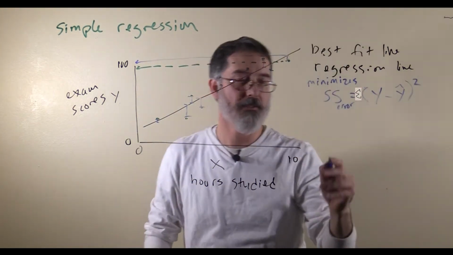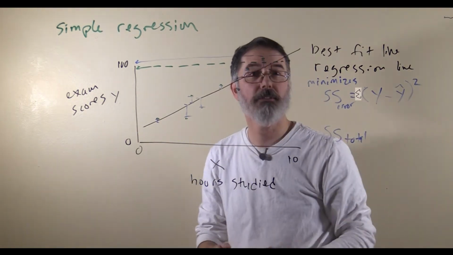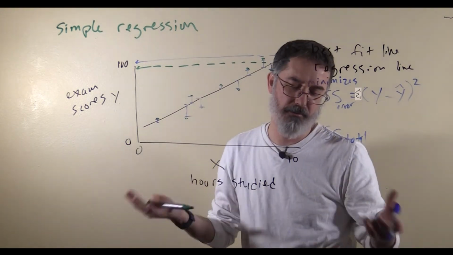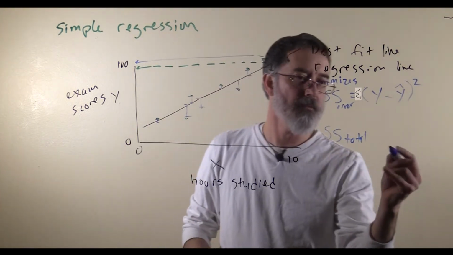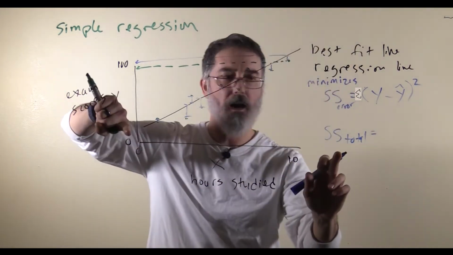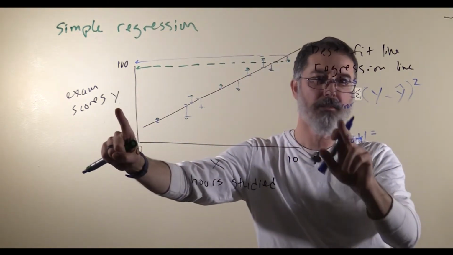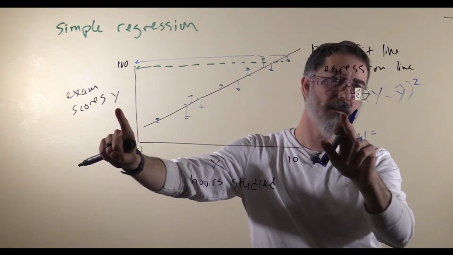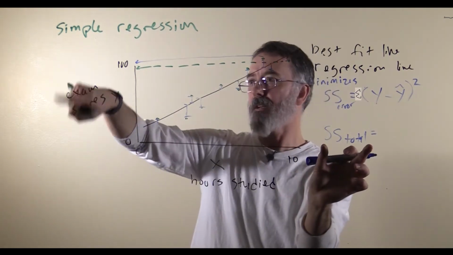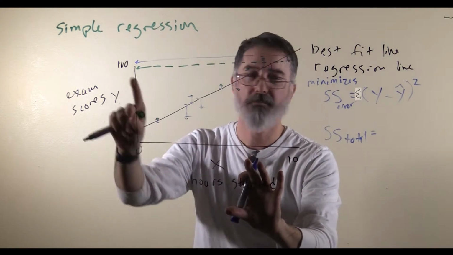In regression, there's an overall amount of sums of squares, a sums of squares total, just like there was for ANOVA or even calculating the variance, right? And so the sums of squares total, this is how much variation there is in y. This is the total amount of variation in y that could be explained by x, right?